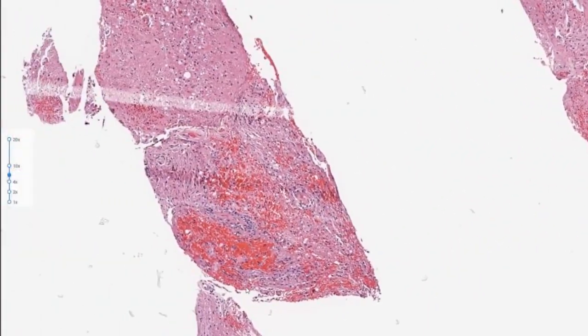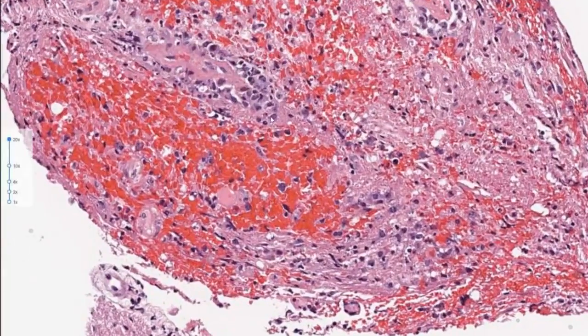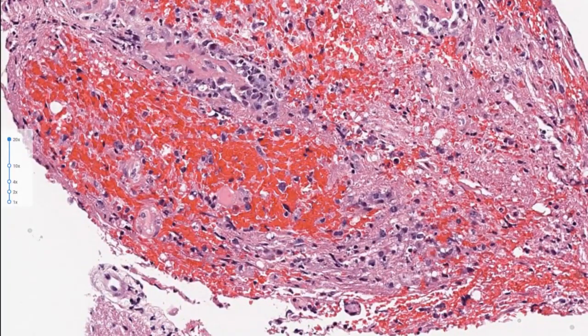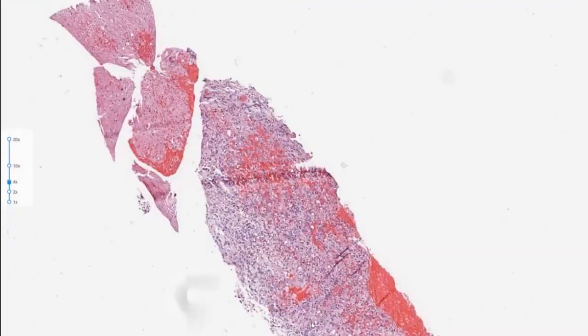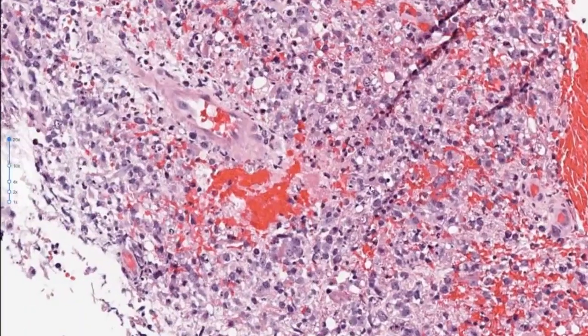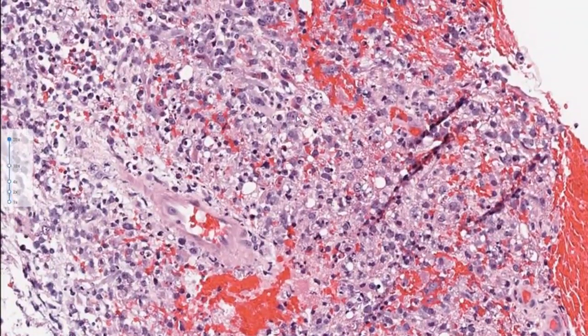And of course, you have a differential. But even being patchy, what catches your attention is that you have these atypical cells surrounding vessels. In other areas, you see more of a sheet-like type of growth with a mixture of cells. But certainly these cells do not belong there, right?